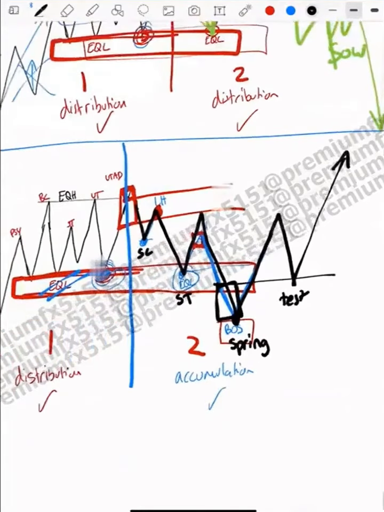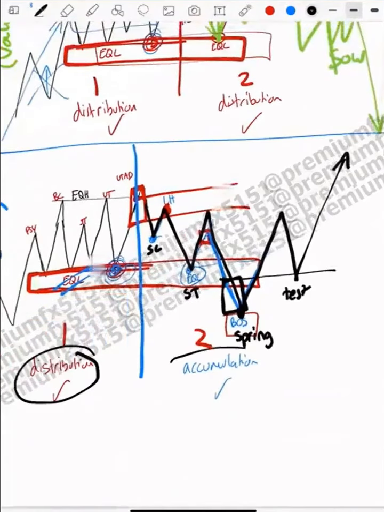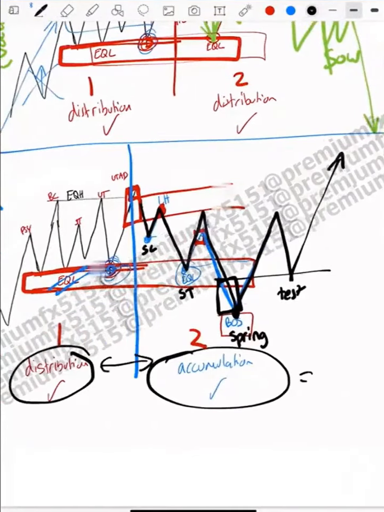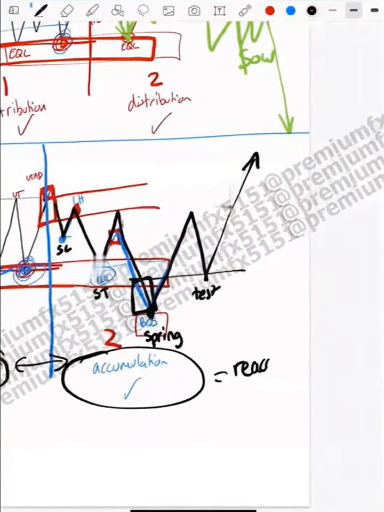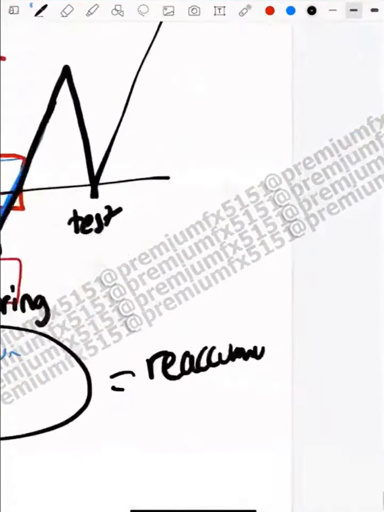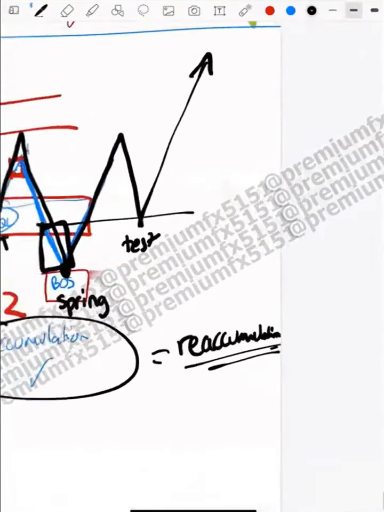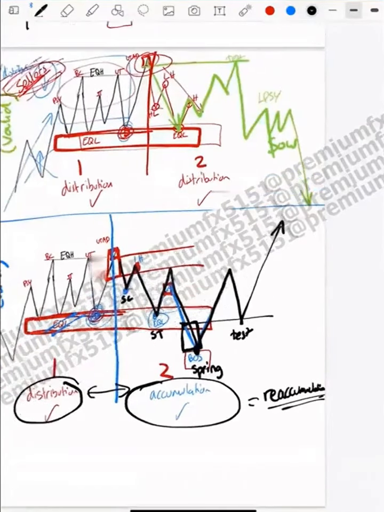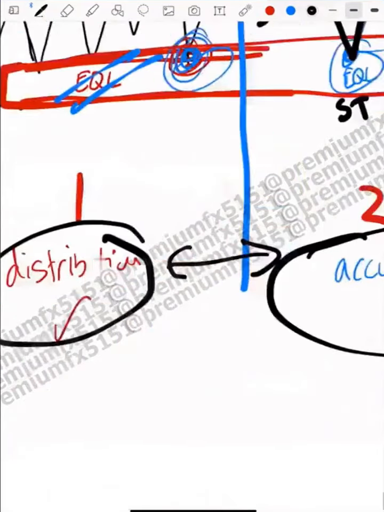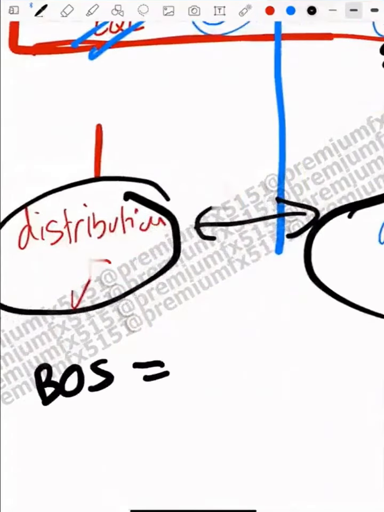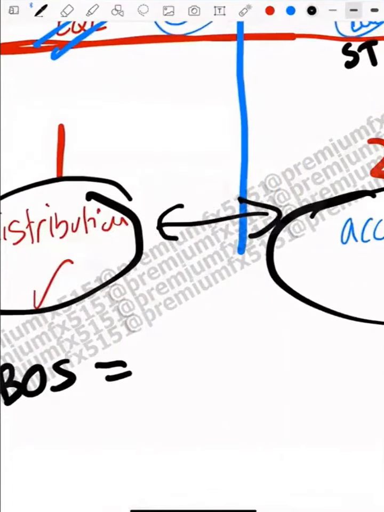Imagine you have taken a distribution and attached it to an accumulation, and together, when those are attached, that equals reaccumulation. That is what we have found to be a tradable example of a reaccumulation. You want to see a break of structure, and that break of structure, from a reaccumulation perspective.